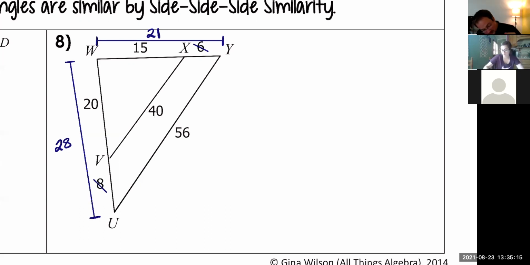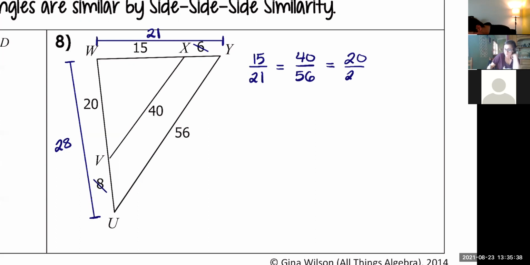But if I were to set up the corresponding sets of sides here, again, I like to do the smaller one on top. I think I'm just a creature of habit that way. I would do the 15 with the 21, work my way around here, the 40 with the 56, and then the 20 with the 28. And I believe those all simplify to 5/7.